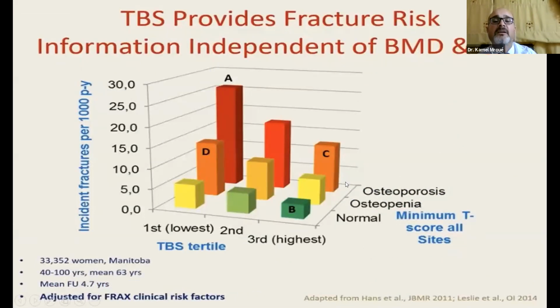For instance, as you well know, a patient having osteoporosis will have a higher risk of fracture than a patient having normal bone density.